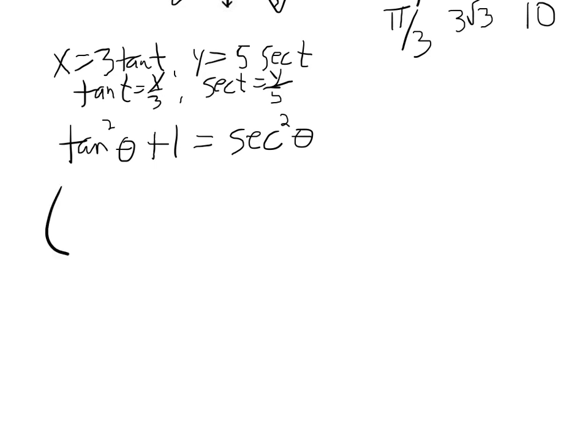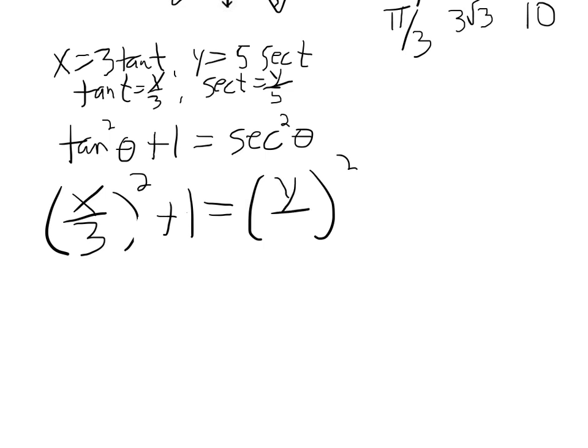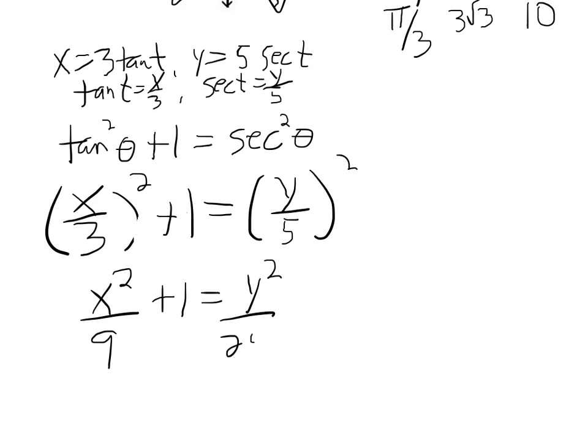So tangent t, instead of theta, it's t squared. We have x over 3. That's tangent squared plus 1. I'm making these strange pluses tonight. Excuse me. Plus 1 equals, and secant squared, y over 5. Okay, so we have x squared over 9 plus 1 equals y squared over 25.